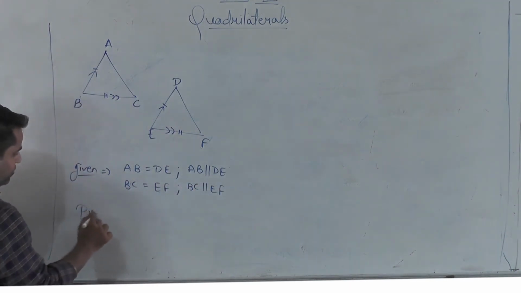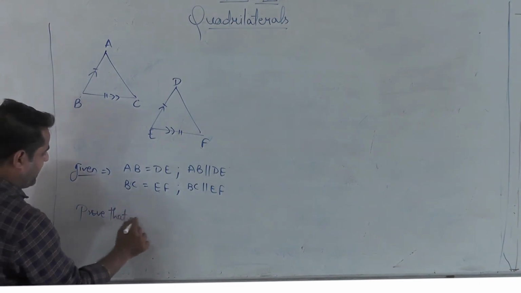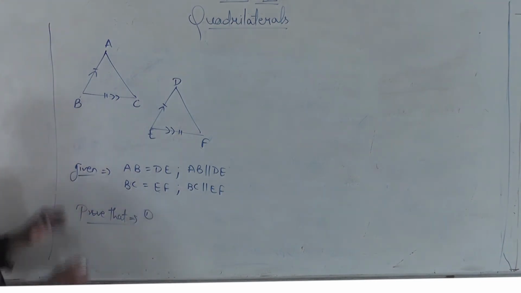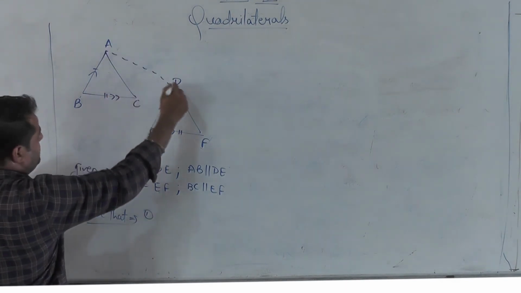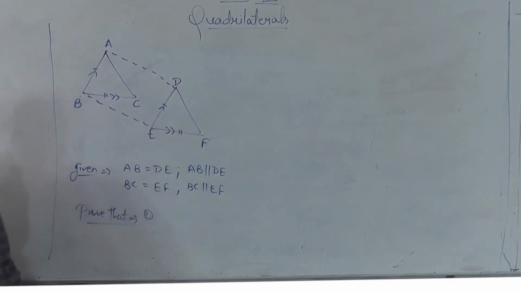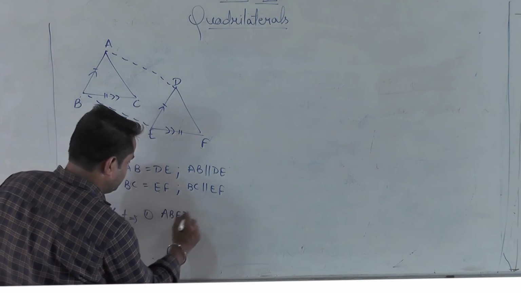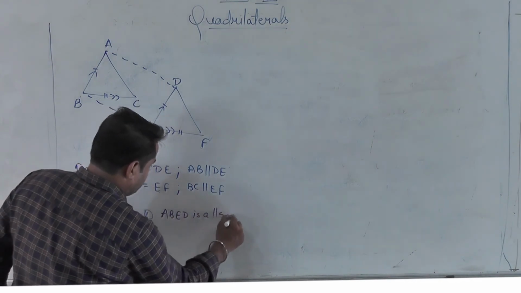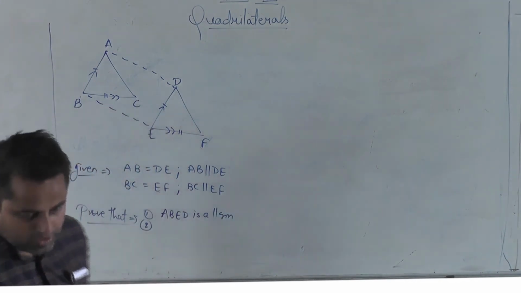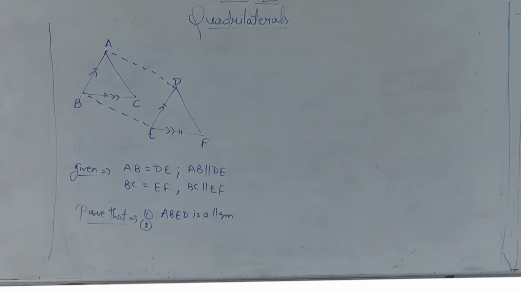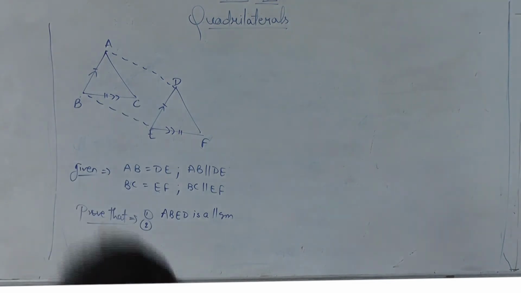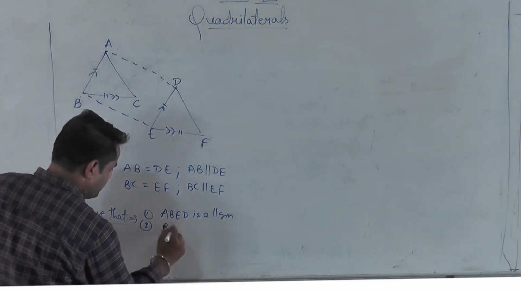What we need to prove is five things. The first thing we need to show is that ABED is a parallelogram. The second thing we need to prove is that BEFC is also a parallelogram.